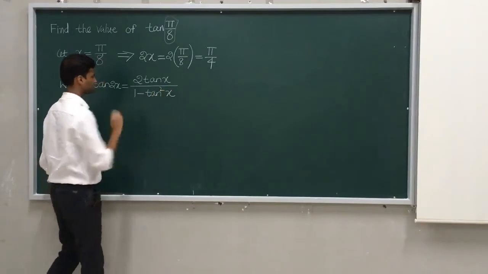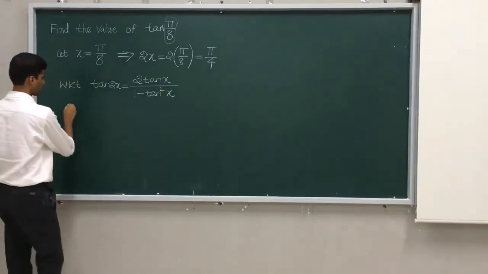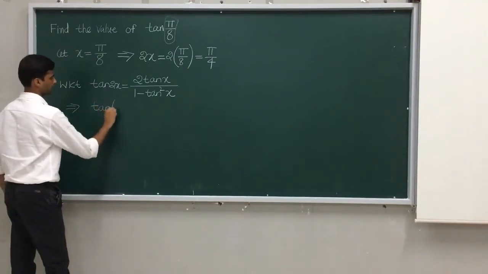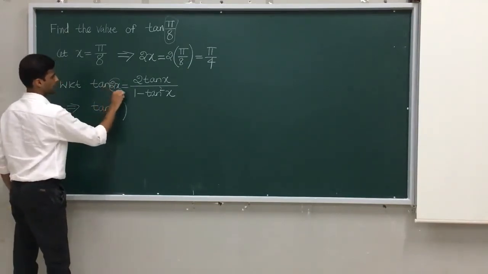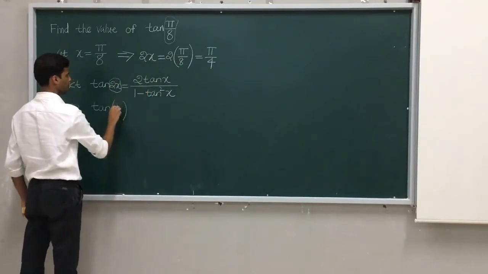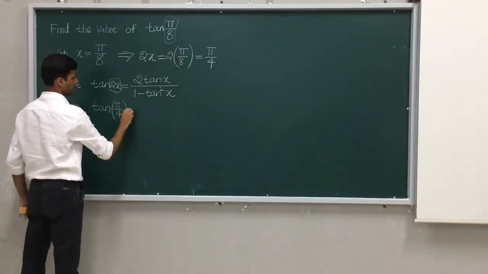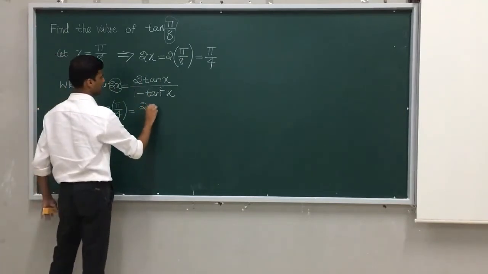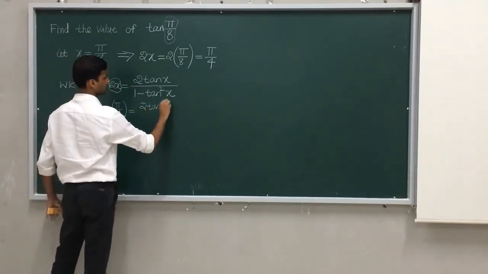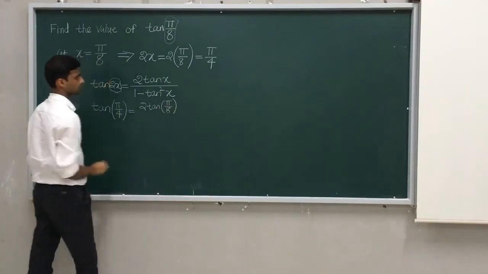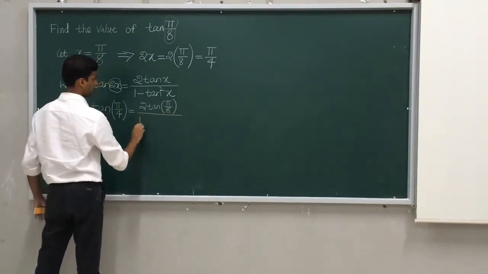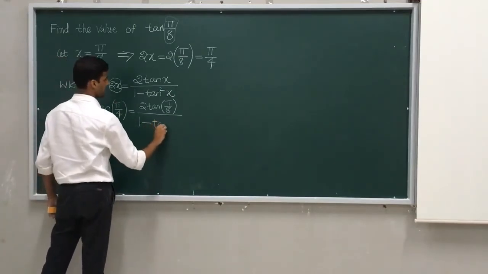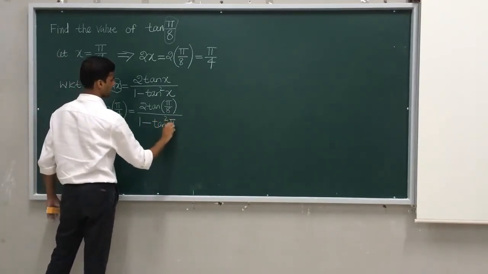Now, which implies tan of 2x, what is 2x? 2x is pi by 4, equal to 2 times tan x, where x is pi by 8, so 2 times tan pi by 8, upon 1 minus tan square pi by 8.